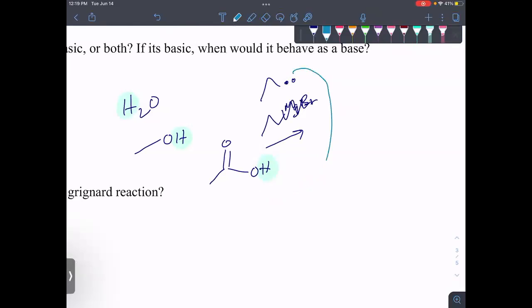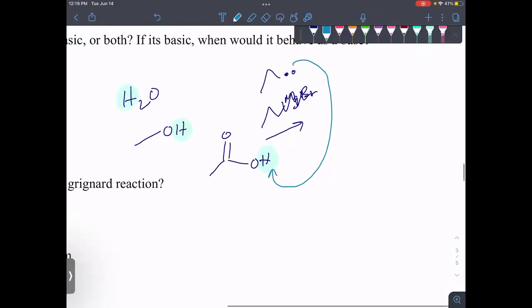It's just going to take this proton. So now you're left with a carboxylic acid, the O minus ionically bound to the MgBr part, and this propyl has a brand new hydrogen and it's very stable and happy. So you don't get the desired attack on the carbonyl carbon. You get this garbage.